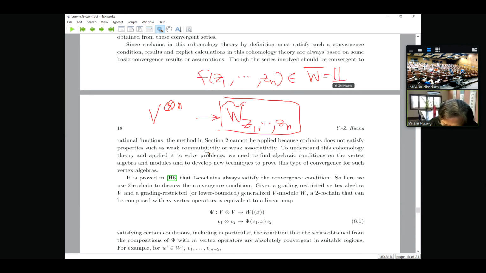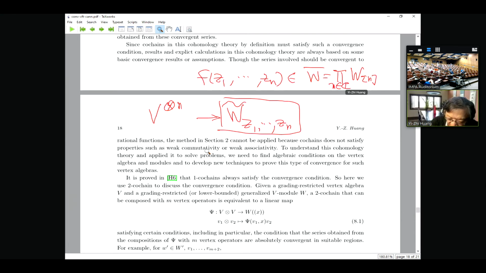Sorry, it is not the direct sum, it is a direct product, and so it allows infinite sums.